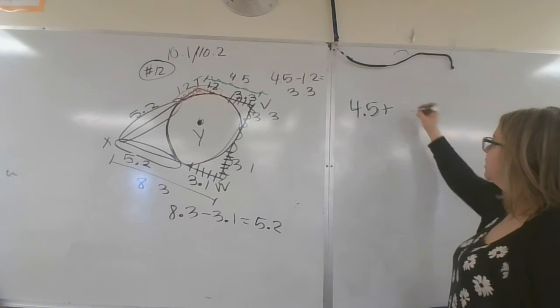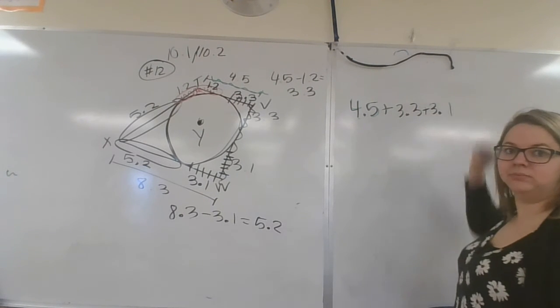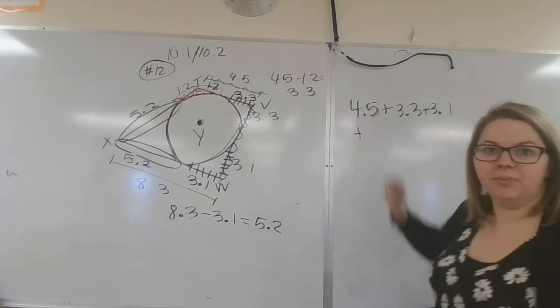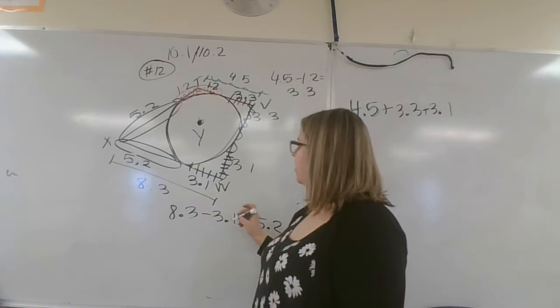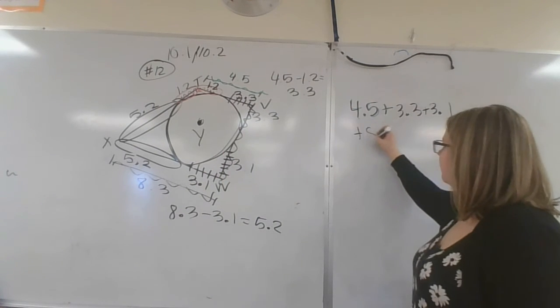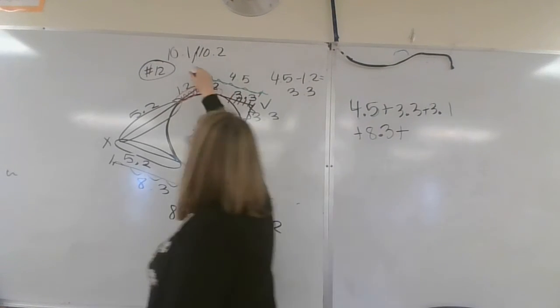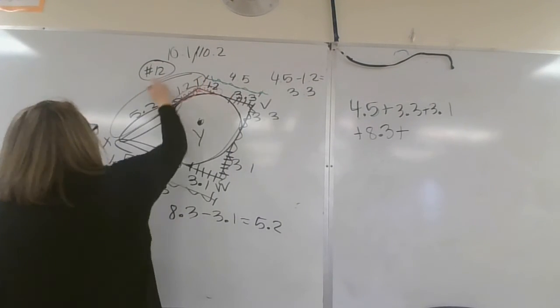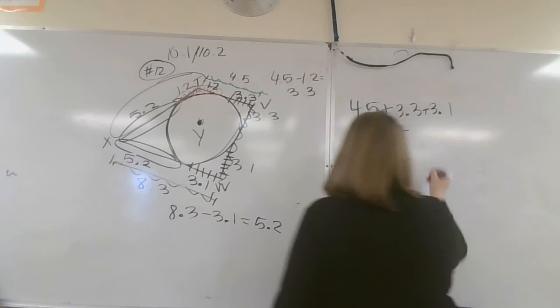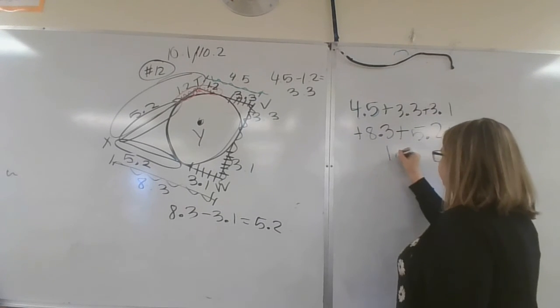So that's 3.3 plus 3.1 plus, okay, now I need this whole side here, which is 8.3 plus, and then I need this whole side here, which is 5.2 and plus 1.2.